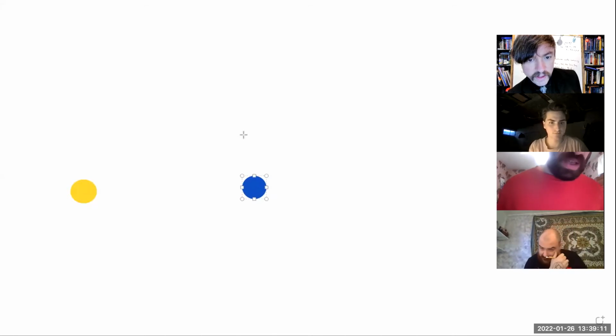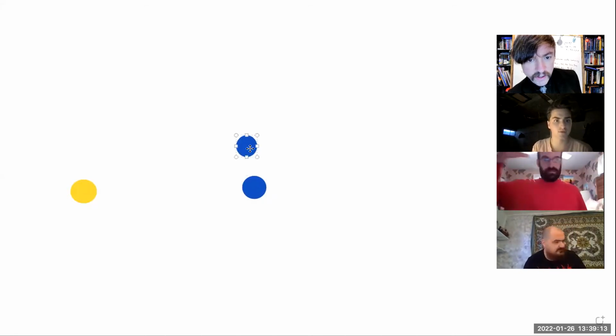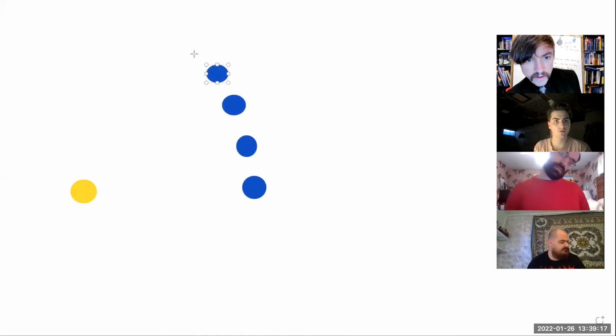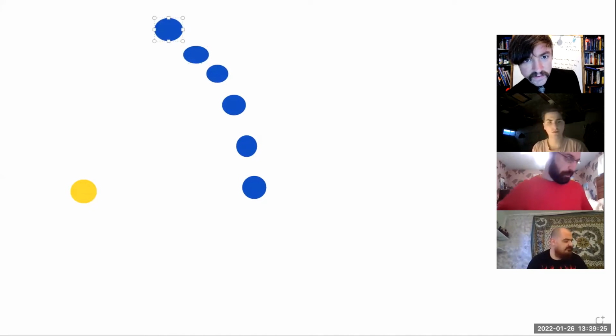You draw the Earth, and then you draw 1, 2, 3, 4, 5 Earths. And then you draw an arrow representing the observer's local meridian.